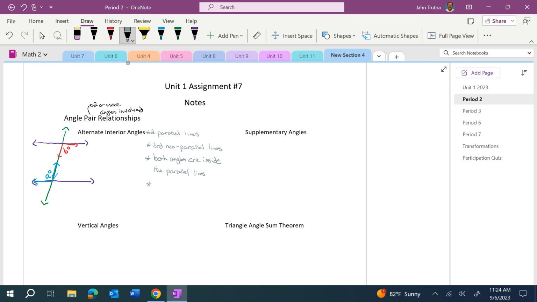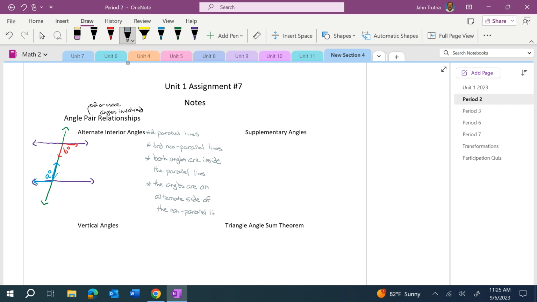and the angles are on alternate sides of the non-parallel line.